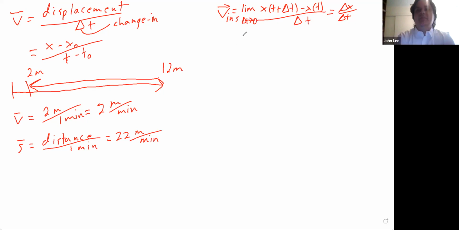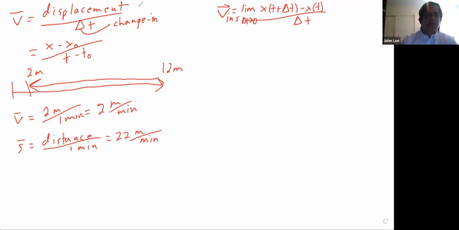So we make that change in time as small as possible, so that we get the slope of the line, the displacement over time of that instantaneous moment, rather than the overall slope of the line or the overall velocity of a long moment.